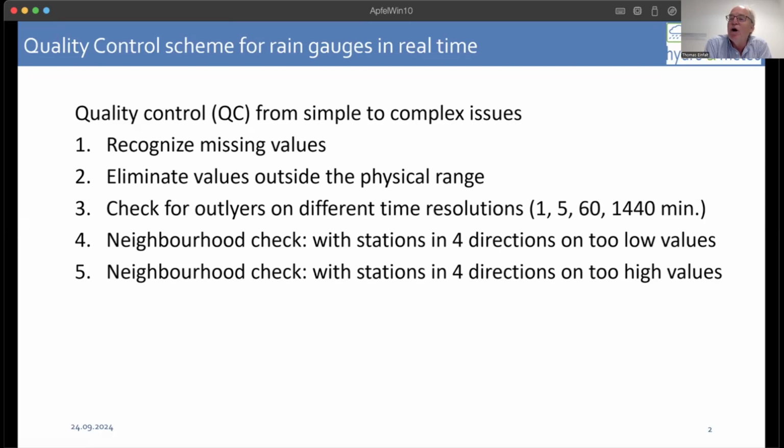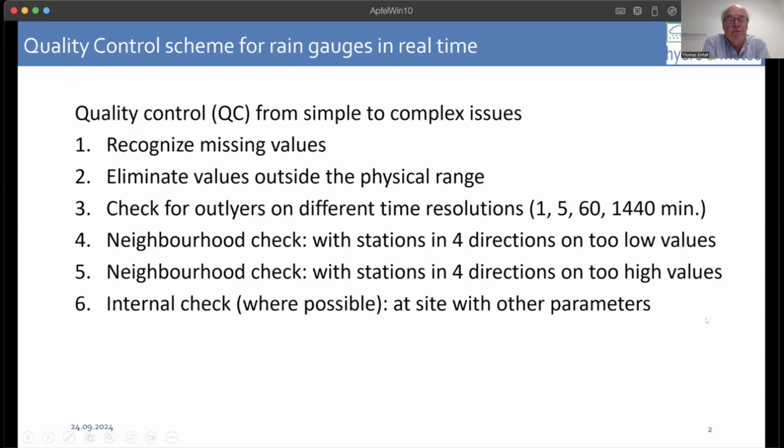So your high value in the center of your 5 stations may in reality be the correct value. And so you have to be very careful when you are applying this, or you need to know that your rainfall is not convective at all. Then this could help.